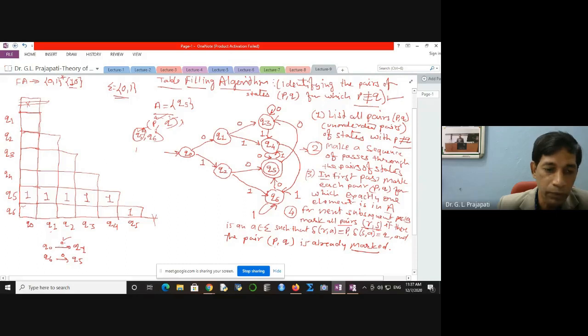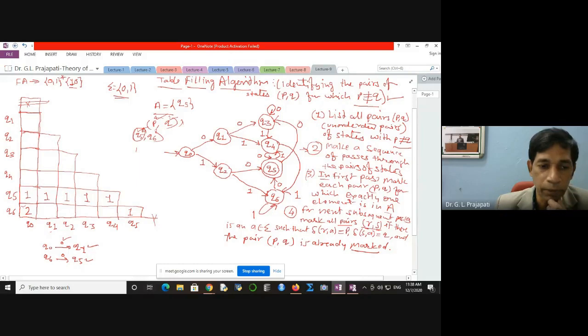At Q0 with 0, you go to Q1, and at Q6 with input 0, you go to Q5. In the previous pass, you have seen that the pair Q1, Q5 is already marked. So if this is marked, then you also mark this pair. I'm writing 2, which means you are marking it in pass 2.